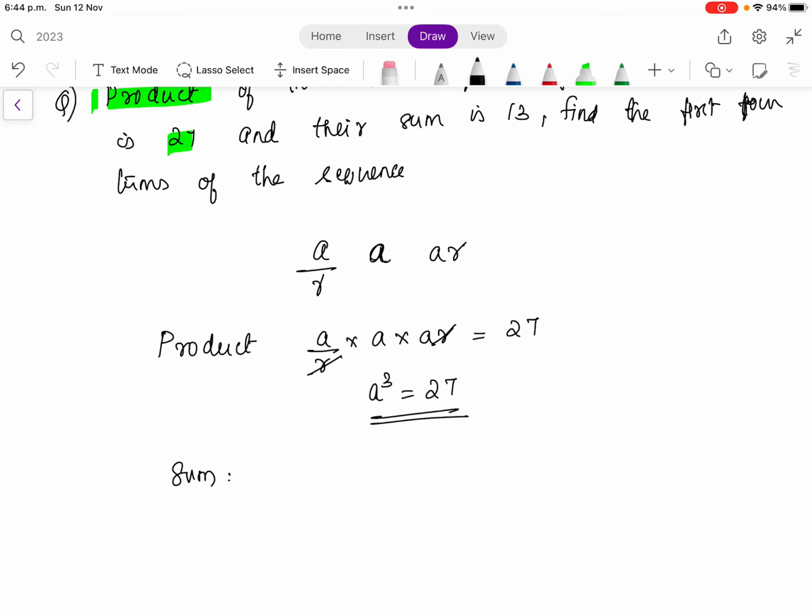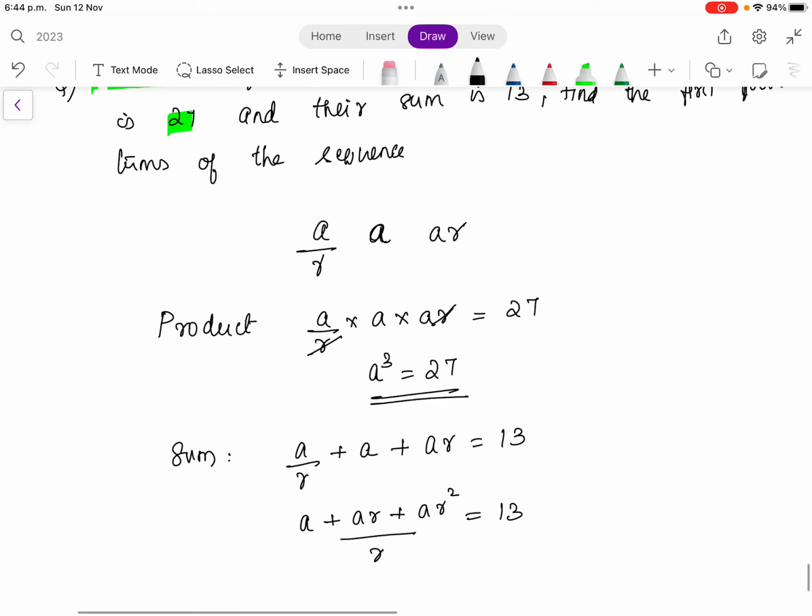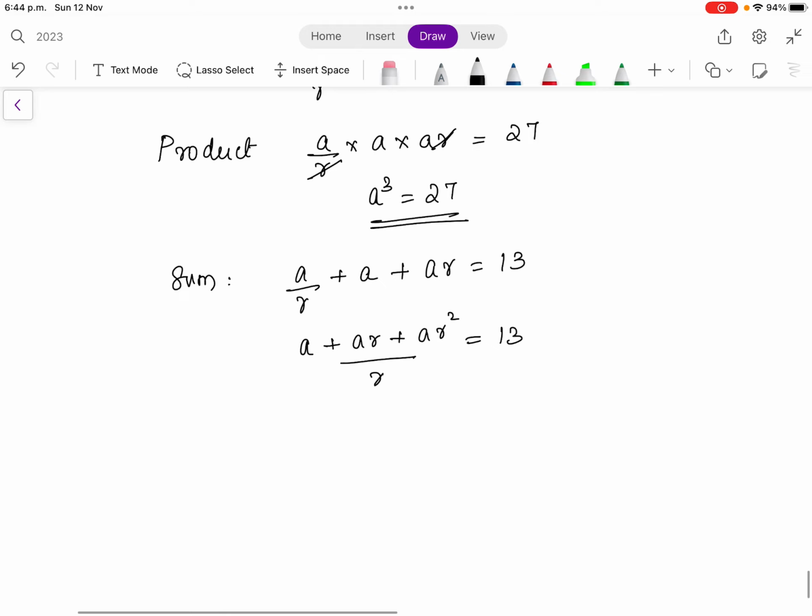Now the sum is 13. So which means that A over R plus A plus AR is equal to 13, and I am simplifying this. So A plus AR plus AR square divided by R is equal to 13, and A plus AR plus AR square is equal to 13R.